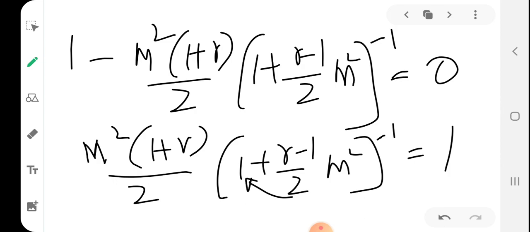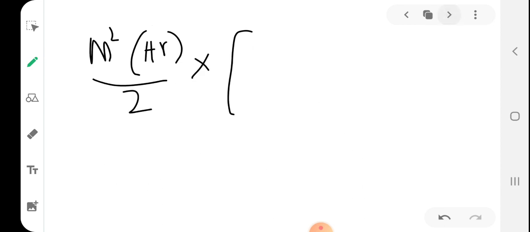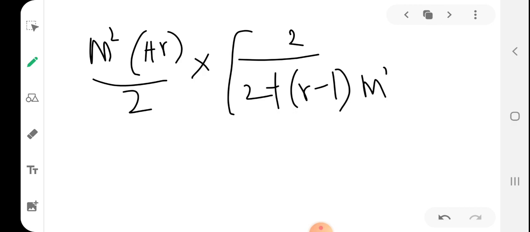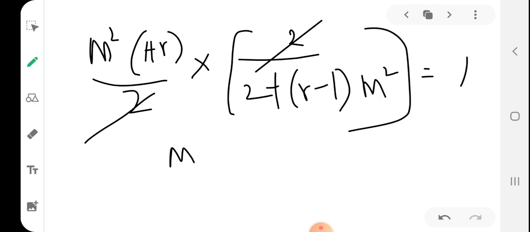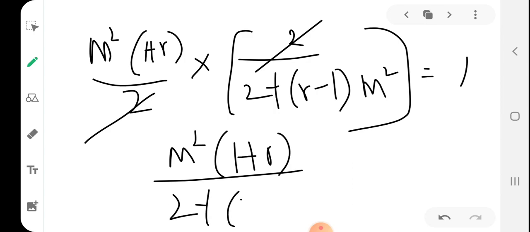I am taking this to here, 2 plus gamma minus 1. Can write it as 2 by 2 plus gamma minus 1 by M square. Now this 2 and 2 cancel, so it is equal to 1.